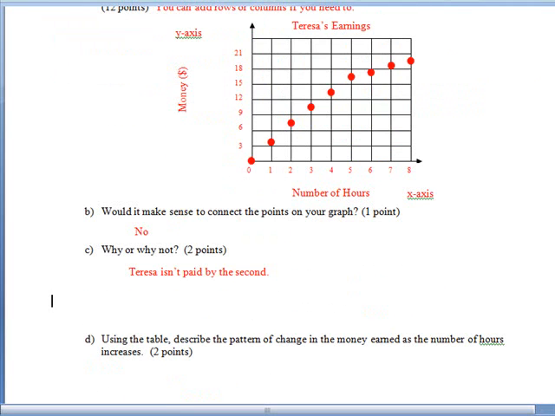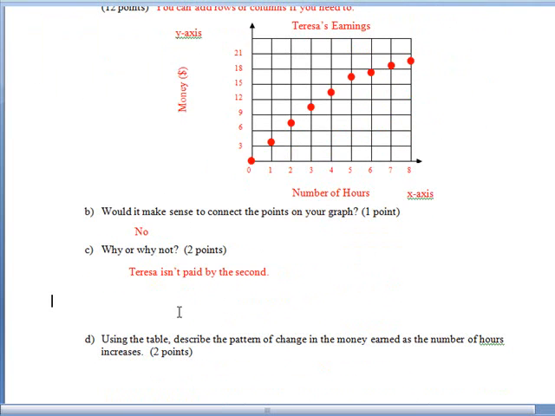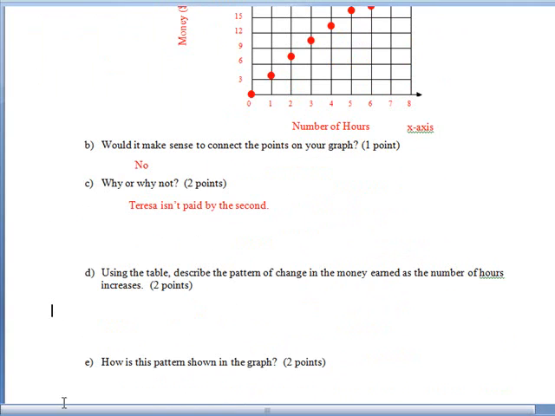Alright, D says, using the table, which is up here, describe the pattern of change in the money earned as the number of hours increases. The way that I like to answer questions like this is just to restate what the back half of this sentence is asking you. So I would start by saying, as the number of hours increase, comma, and then I have to collect my thoughts.